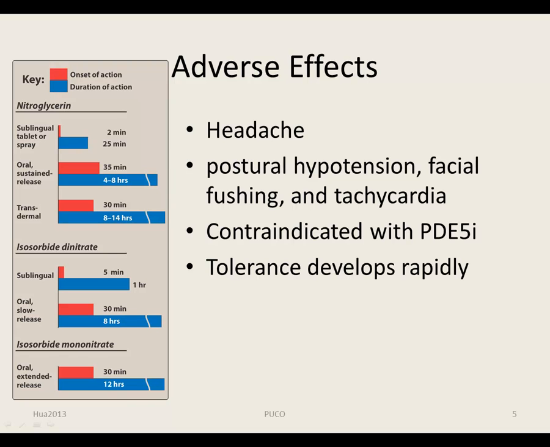The most common effect of nitroglycerin as well as of other nitrates is headache. From 30 to 60% of patients receiving intermittent nitrate therapy with a long-acting agent develop headaches. High doses of organic nitrates can also cause postural hypotension, facial flushing, and tachycardia.